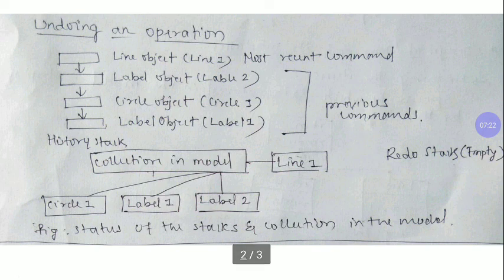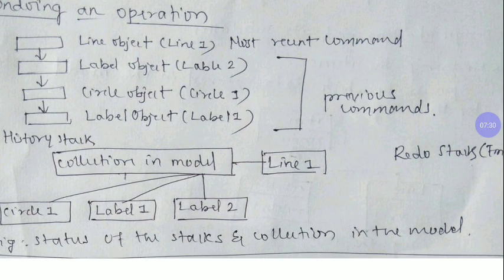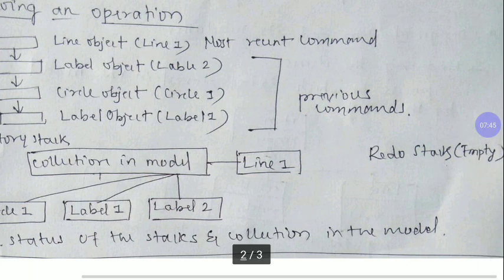In the history stack the most recent element is line 1, on the top of the stack. If I do the undo operation, line 1 is eliminated from the model component and pushed onto the redo stack.